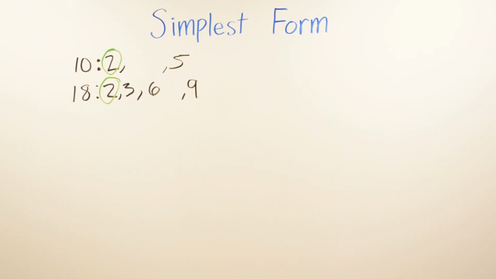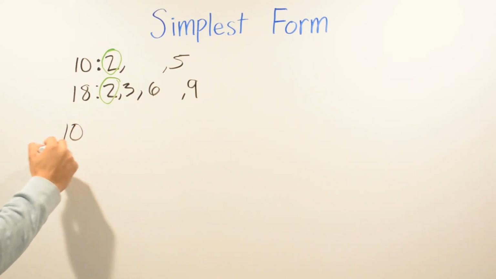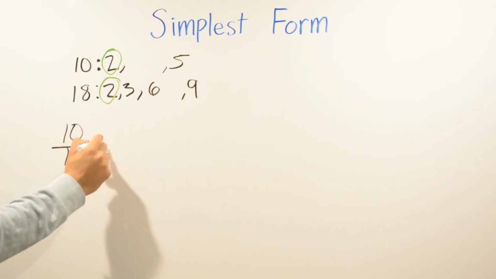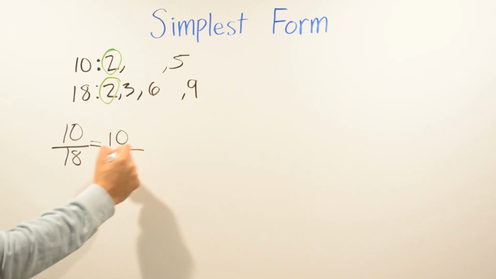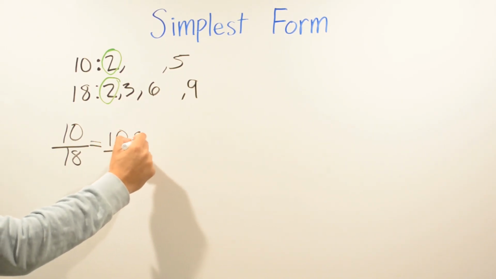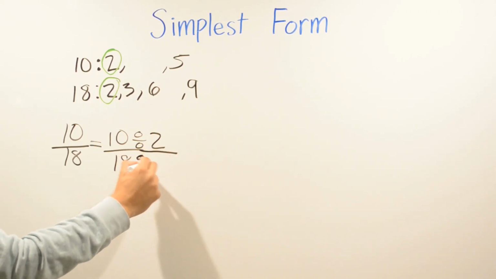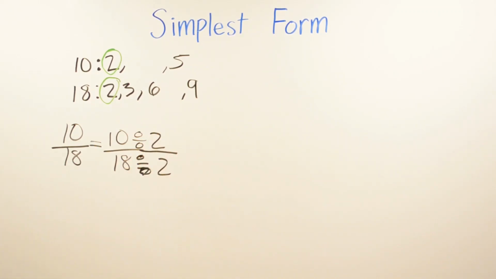Then we're going to divide both the numerator and the denominator by the greatest common factor. This results in an equivalent fraction. So we start with 10 over 18, write it like that, and divide by 2, and whatever we do here, we have to also do in the numerator and denominator.